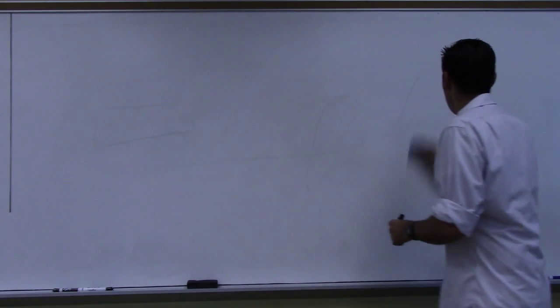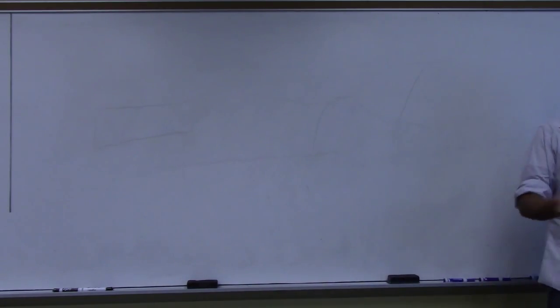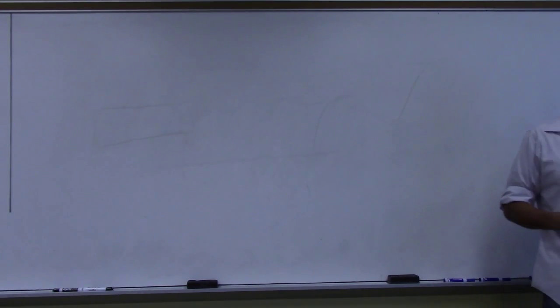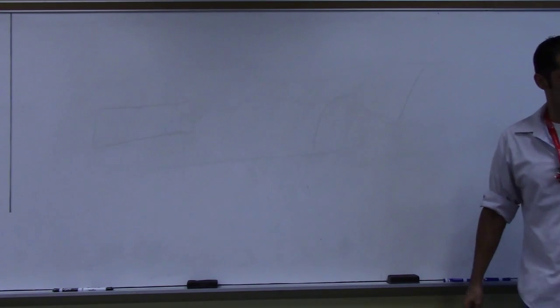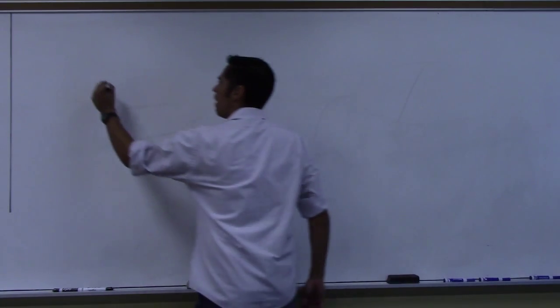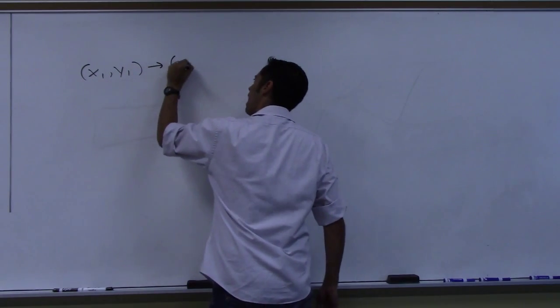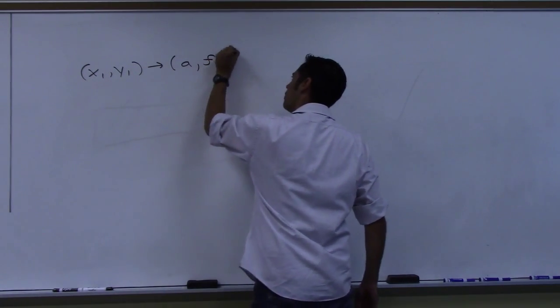What I mean by that is instead of using x1, y1, x2, y2, like we did before, I'm going to use some different labels. So the labels I'm going to use are right up here. For x1, y1, instead of that, I'm going to use a, f of a.